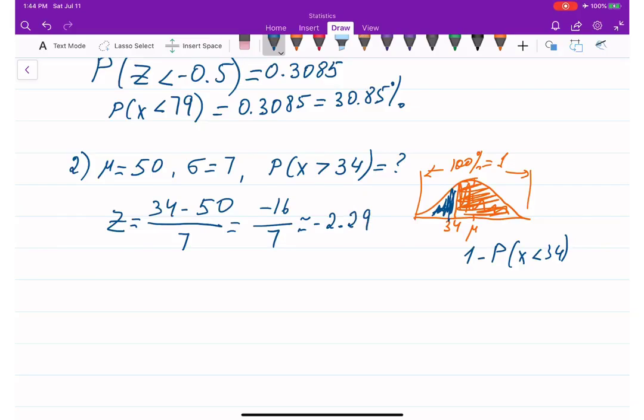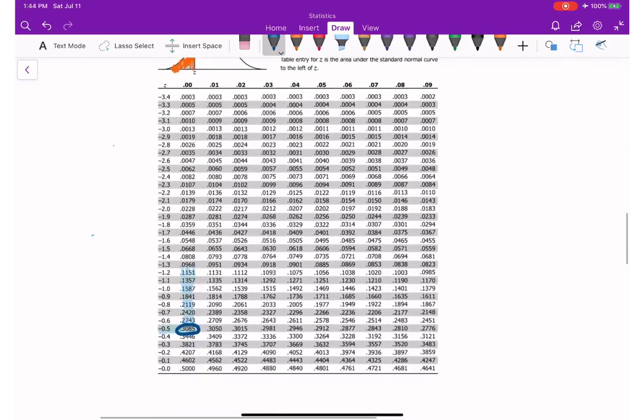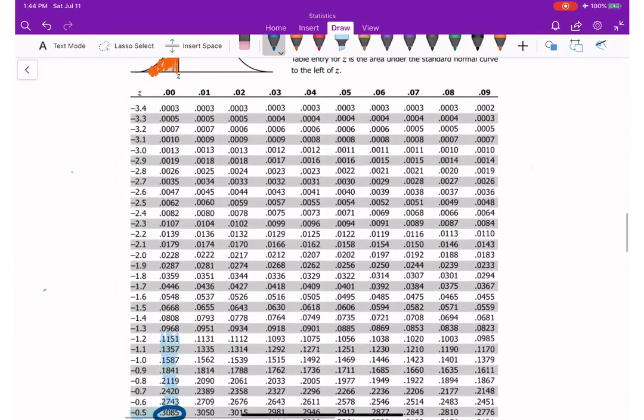I'm rounding till 2 decimals because table can show 2 decimals. Okay, negative 2.29. Let's see where we are getting.